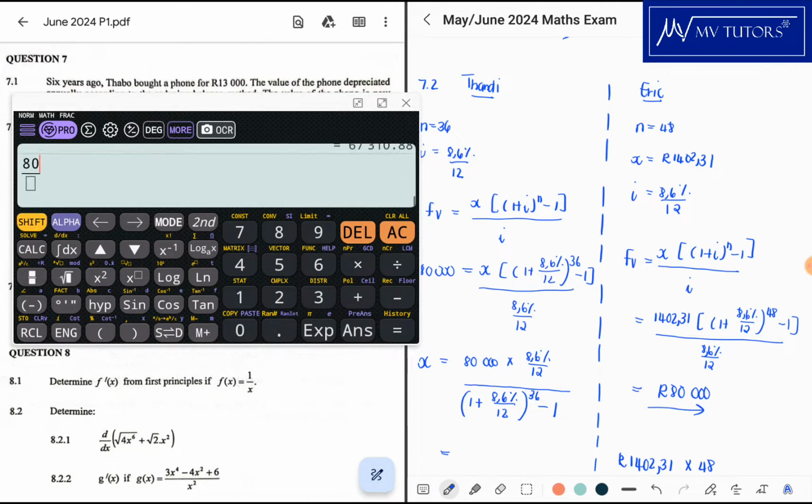So we have 80,000 multiplied by 8.6%. We are expecting a higher monthly amount because she's doing it over a short period as opposed to a longer one like Eric. Okay, she is saving this amount over 36 months. So whatever you calculate, make sure that that monthly payment should be more than what Eric is contributing.